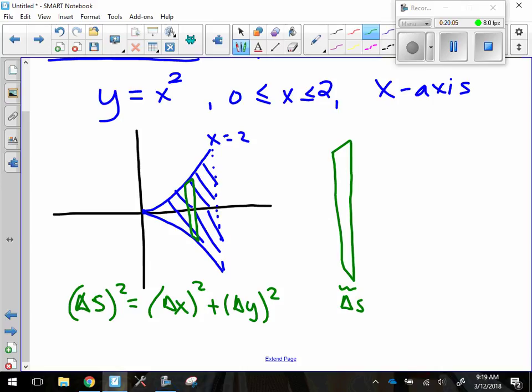And if you've been paying attention for the last 6.5 months, you should anticipate that I'm going to turn those delta x's and delta y's into dx's and dy's, and then I'm going to make my strip really, really narrow, and then I'm going to add them all up. Okay. What's this going to be? Yeah, it's the circumference.